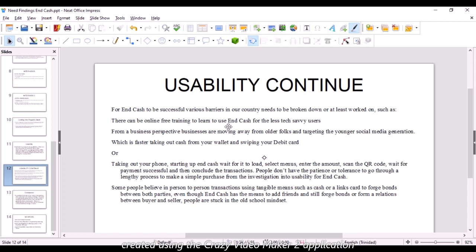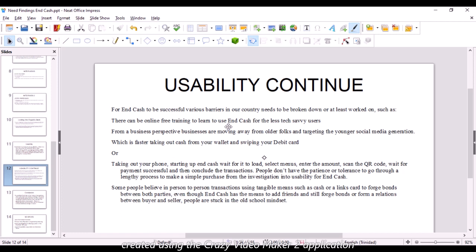Usability continues. For Encash to be successful, various barriers in our country need to be broken down or at least worked on, such as online free training to learn to use Encash for the less tech-savvy users, like the older generations.